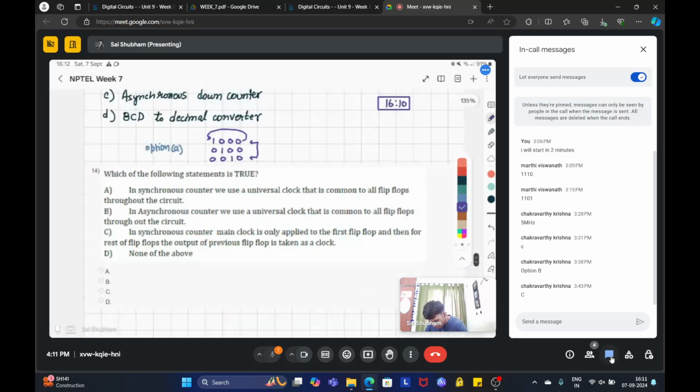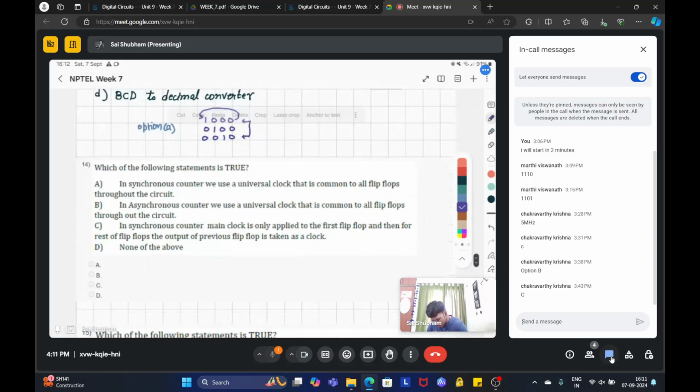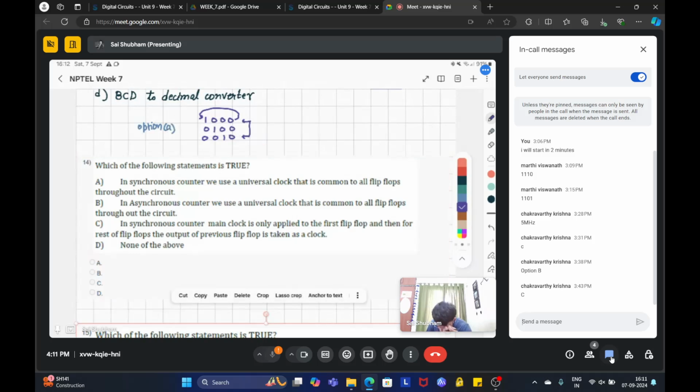The next question says, which of the following statements is true? In synchronous counter, we use a universal clock that is common to all flip-flops. In asynchronous counter, we use a universal clock that is common to all flip-flops.